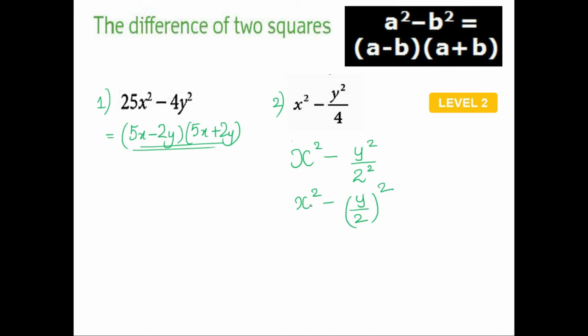Now it looks like a square minus b square. You have a as your x and b is your y over 2. Applying the identity, you have x minus y over 2 times x plus y over 2. That's the answer.